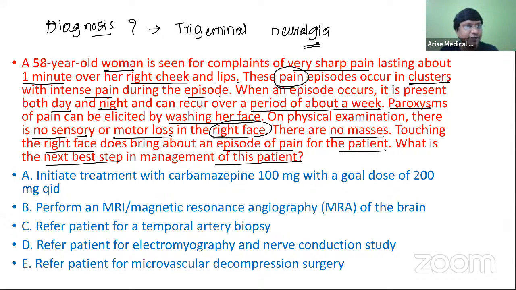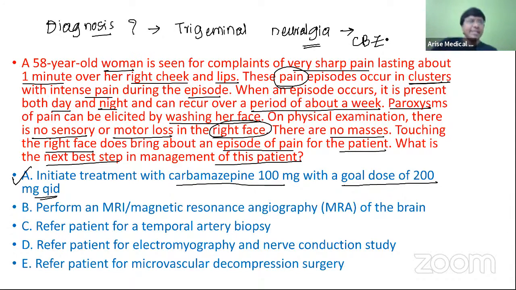What is the drug of choice? Very good, Charak Roy has answered it correctly. So initiate the treatment with carbamazepine 100 milligrams with a gold dose of 200 milligrams. The drug of choice for trigeminal neuralgia is carbamazepine.